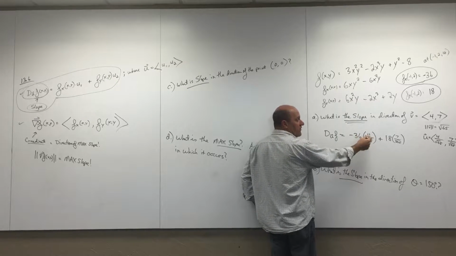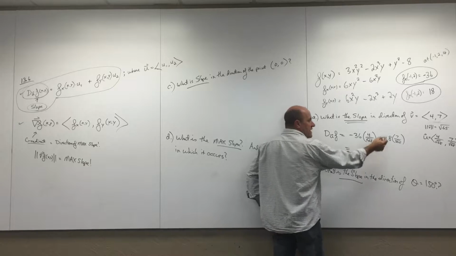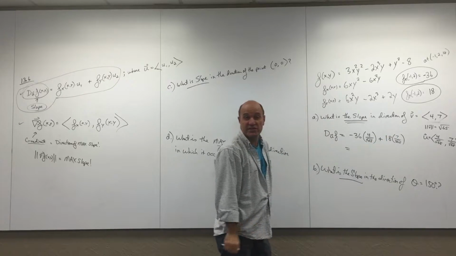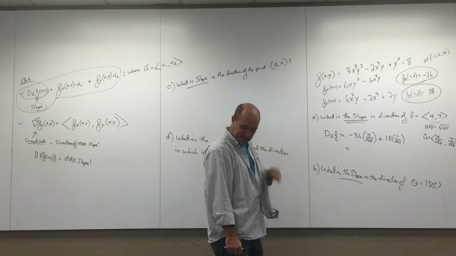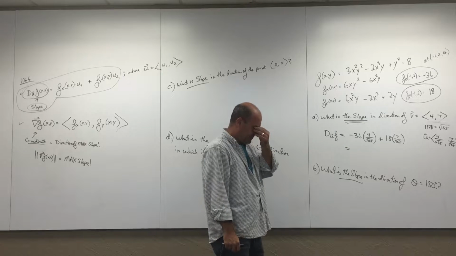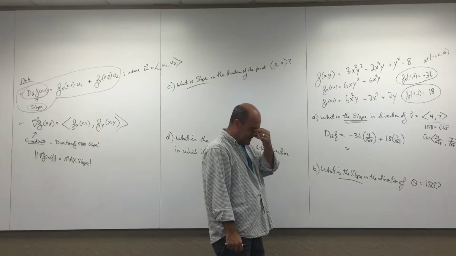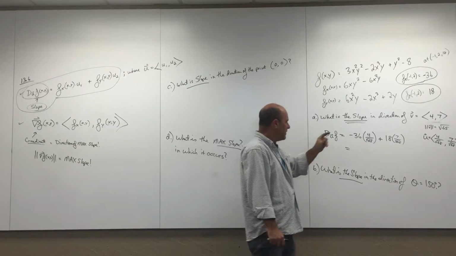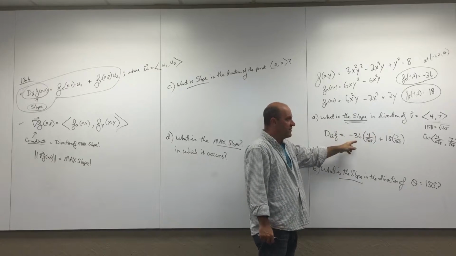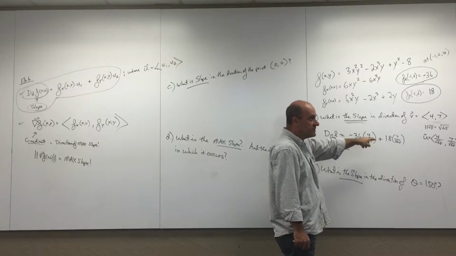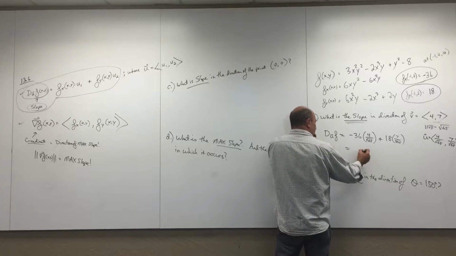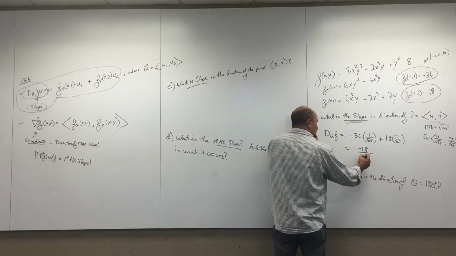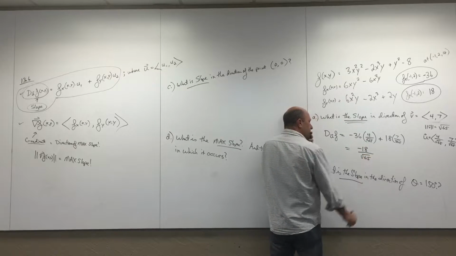That's a negative 144 over the square root. That's 18 times 7, which is 126. Positive 126. This was negative 144. Positive 126. I think I'm getting negative 18 over the square root of 65.